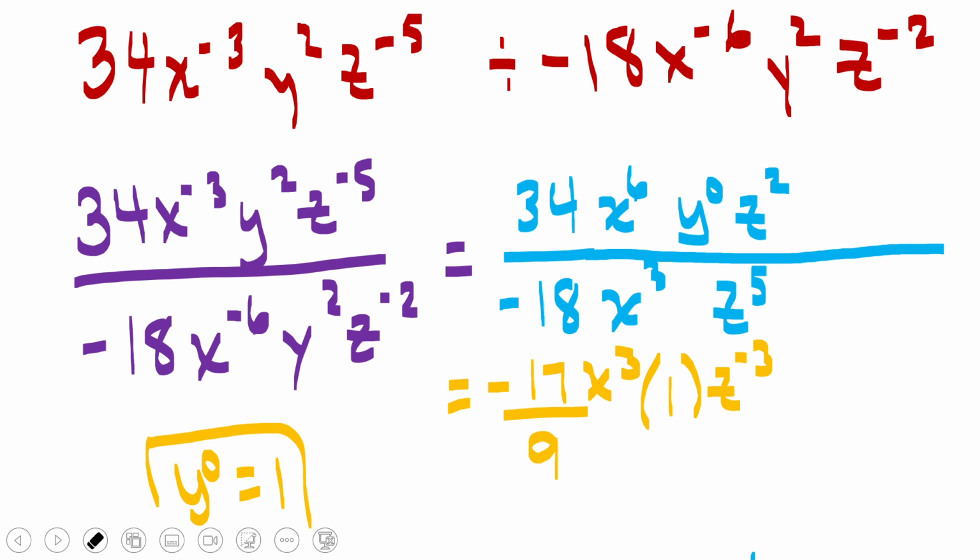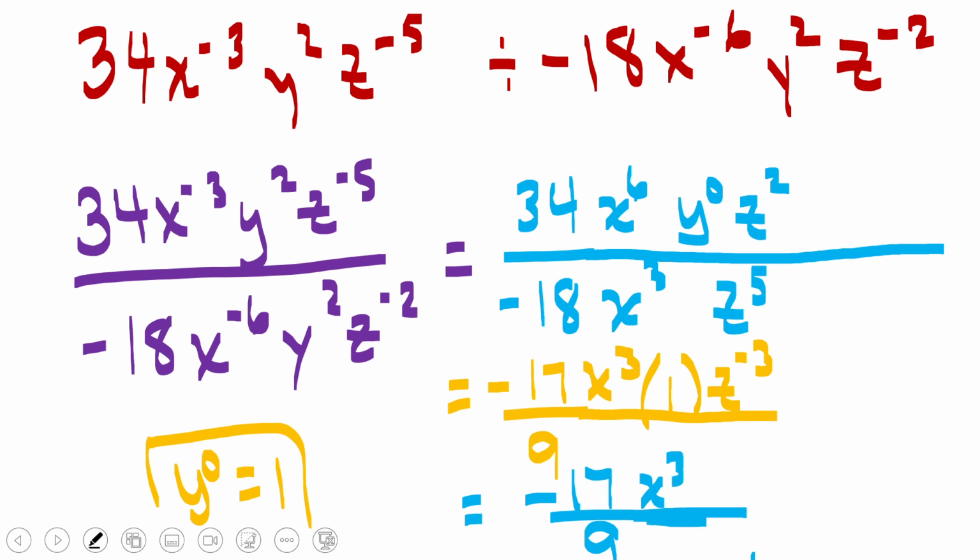Okay, so if all of that is true, we continue to simplify. We're going to have a negative 17 ninths times x to the third power all over z to the third power in the denominator.